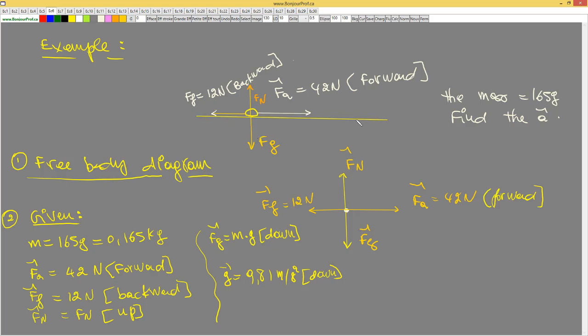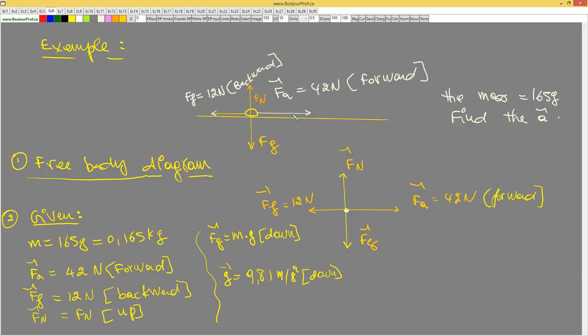But horizontally, yes, there is acceleration because it is moving horizontally. Do you understand or not? If it wasn't moving horizontally, the horizontal acceleration would be 0 also. If it's moving vertically, the horizontal would be 0 and the vertical would be nonzero.